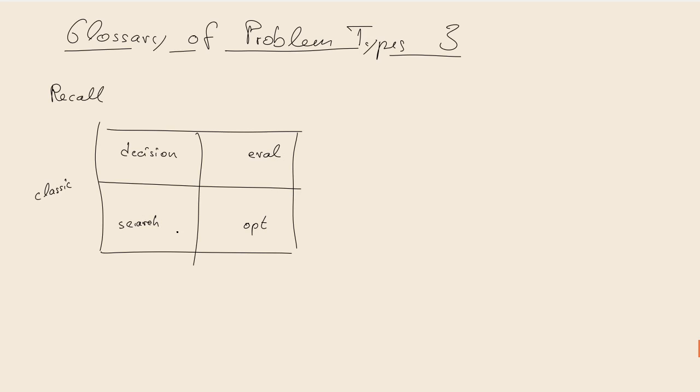And then for discussing the complexity of problems, it was often easier to go to the left column, where you had the decision problems that you know by now fairly well. And the search problems was given a threshold and just asked for, is there a solution which is better than this threshold? And if so, you should also find a witness for that. So that's the classic world.